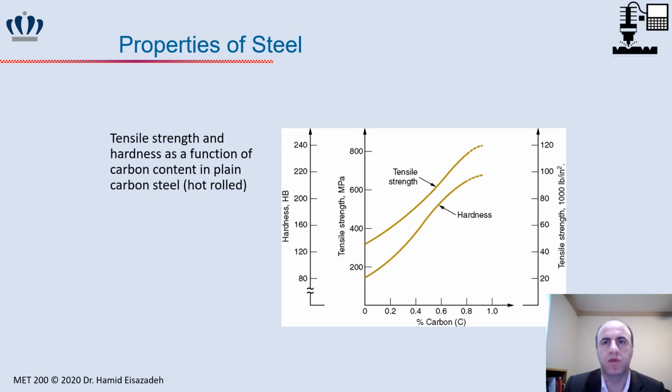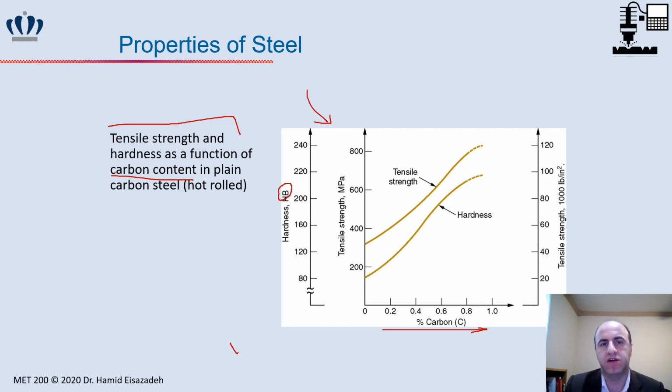This plot shows the relationship between tensile strength and hardness as a function of carbon content in the plain carbon steel. As you see here in this axis, we have a carbon amount which increases from left to right, and here we have hardness. We have different hardness tests. One of them is Brinell. This is a unit HB.